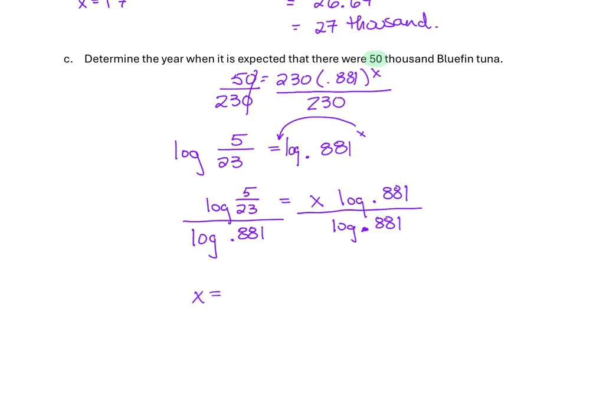And this is now a calculator problem. If we put this into our calculator, we get log of 5 divided by 23, divided by log of 0.881. I get 12.044.